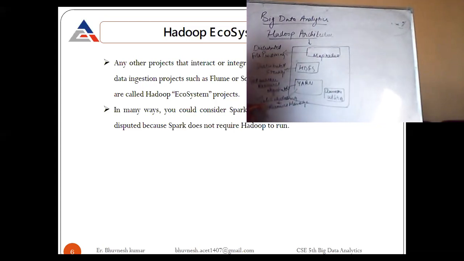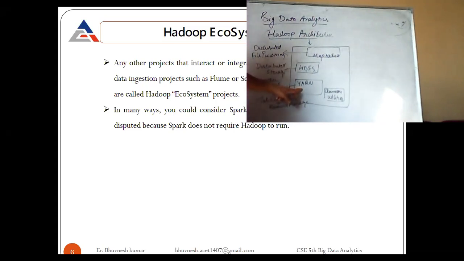You can say these are jobs, tasks, or processes. First of all it schedules the job, then resource management is also a functionality of YARN. All resources should be managed by it, and allocation of resources to different jobs is managed by it.